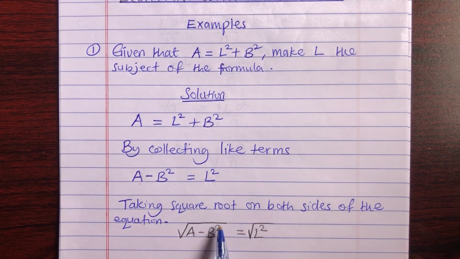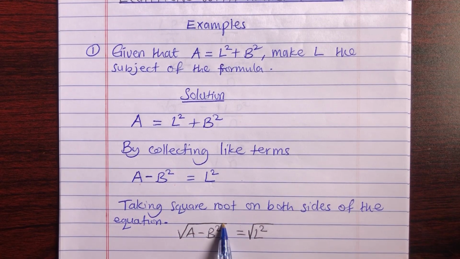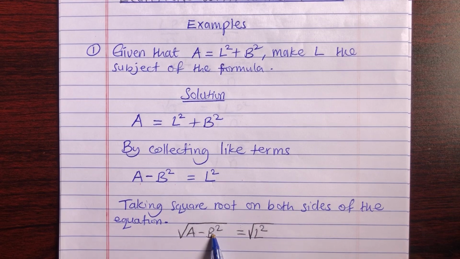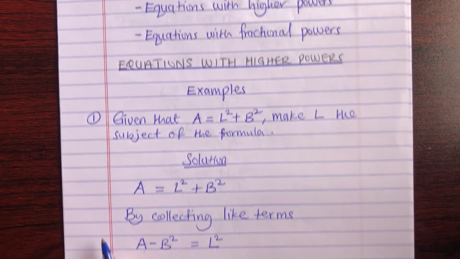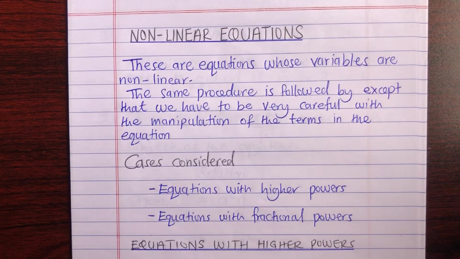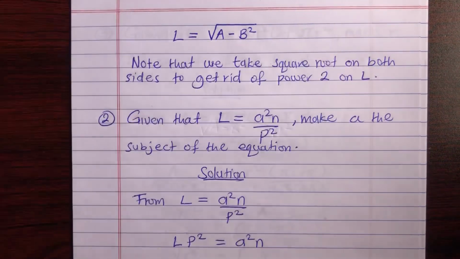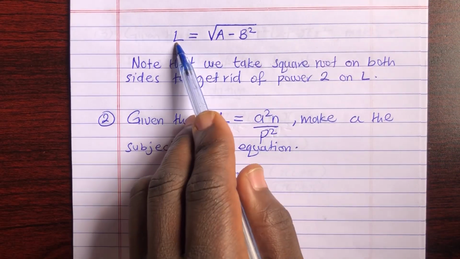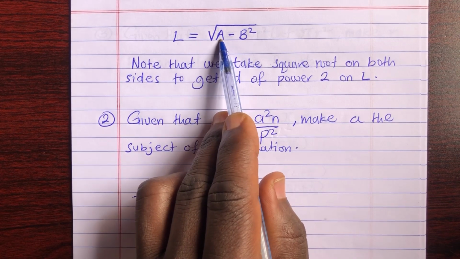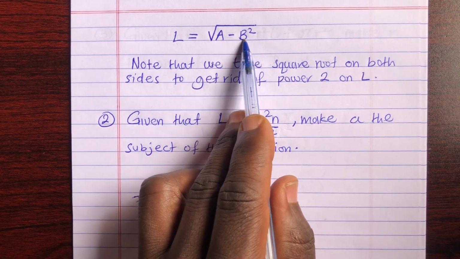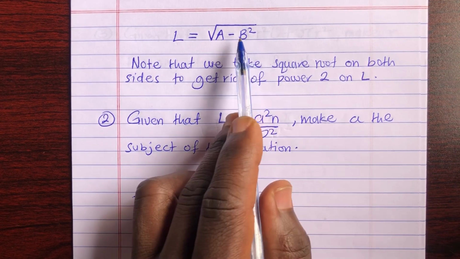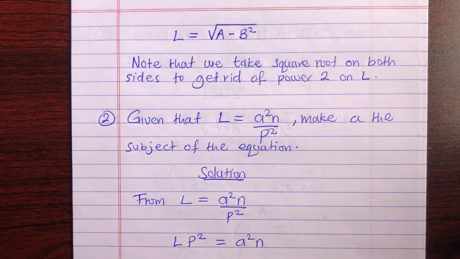So we apply the square root on A minus B squared and also the square root on L squared, so that the square will cancel out with the square root, and that will give us L as the square root of A minus B squared as our final expression.